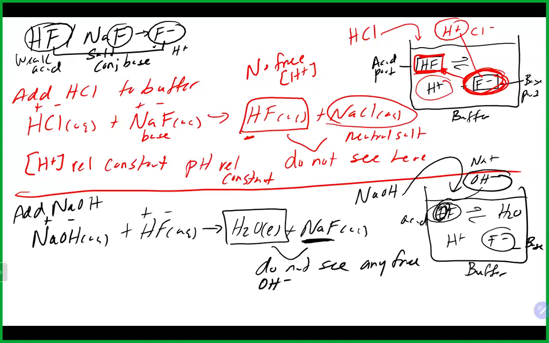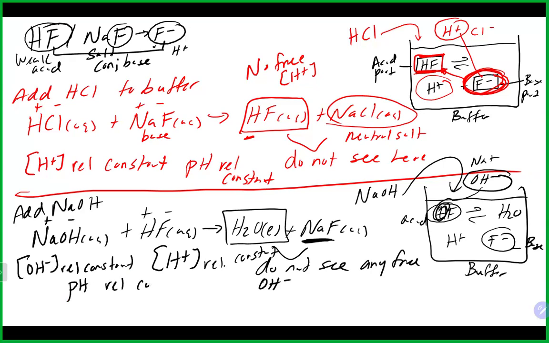And because the concentration of OH minus stays relatively constant, that is tied to the concentration of H plus, because as one goes up, the other goes down. And in this case, the H plus will also stay relatively constant. And thus our pH will stay relatively constant as well.